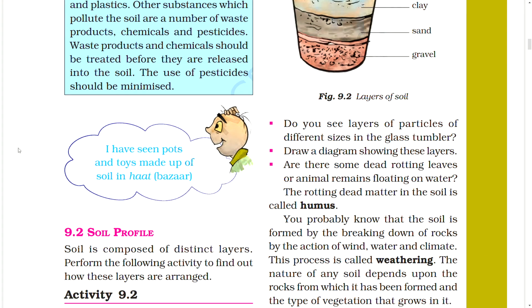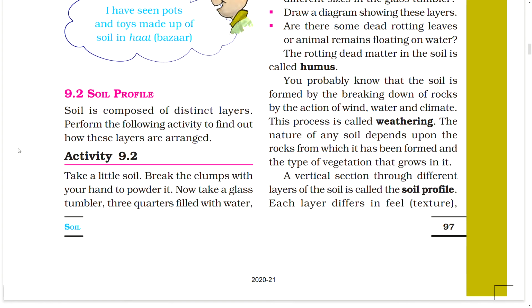I have seen pots and toys made of soil in Haat Bazaar. 9.2 Soil profile. Soil is composed of distinct layers. Perform the following activity to find out how these layers are arranged. Activity 9.2.